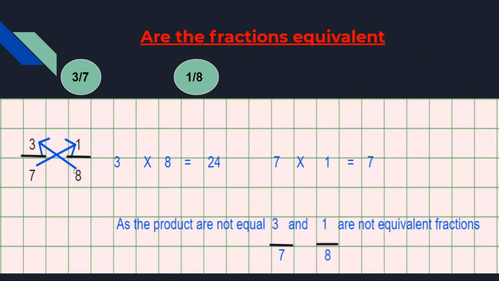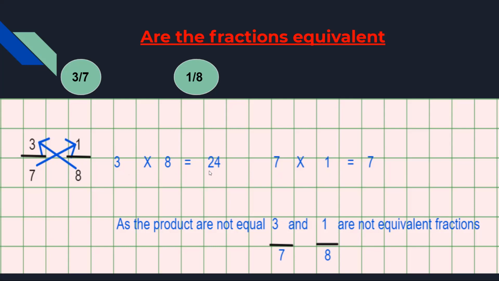We will cross multiply. Look here, 3 upon 7 and the other fraction is 1 upon 8. We will cross multiply the denominator with the numerator of the other fraction. So we will get 3 into 8 equals 24 and the other side 7 into 1 equals 7.